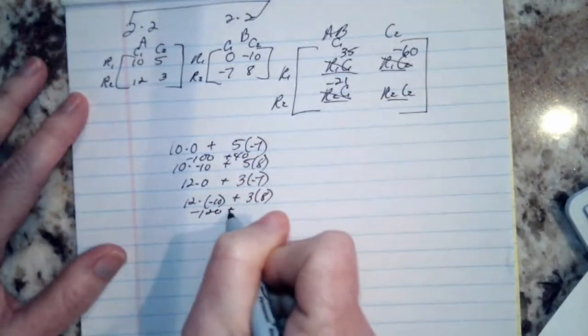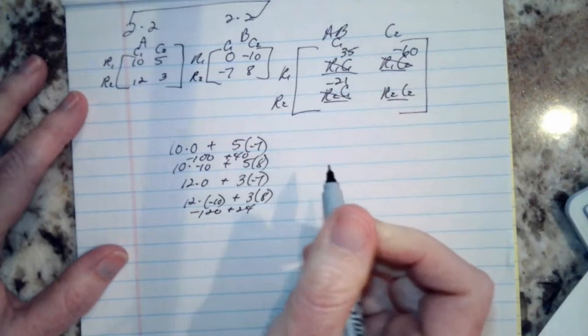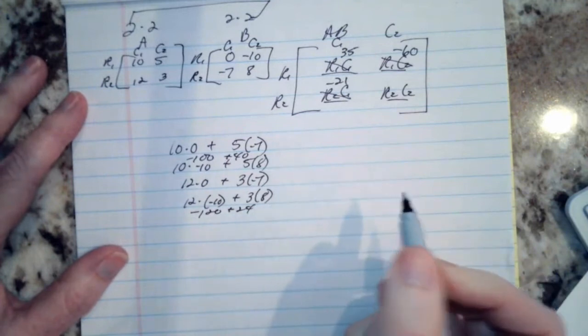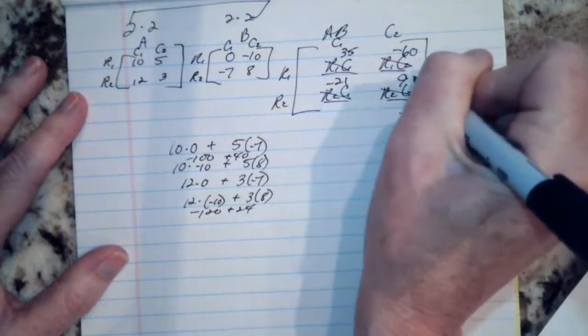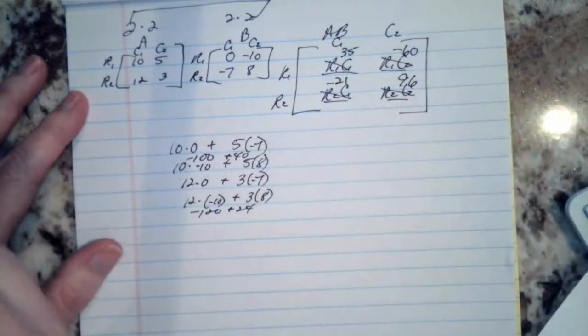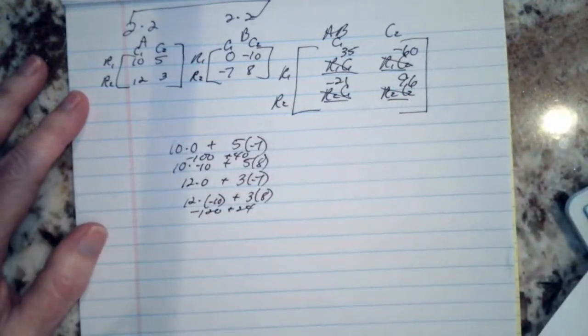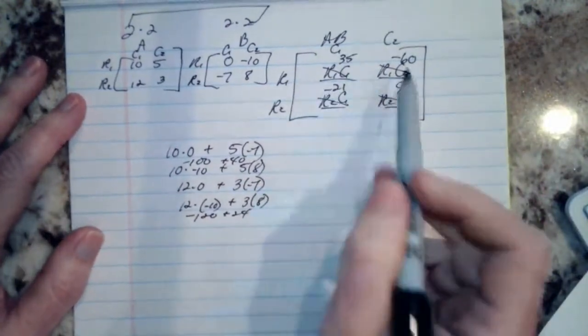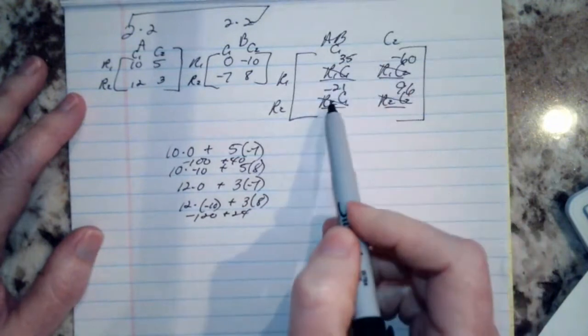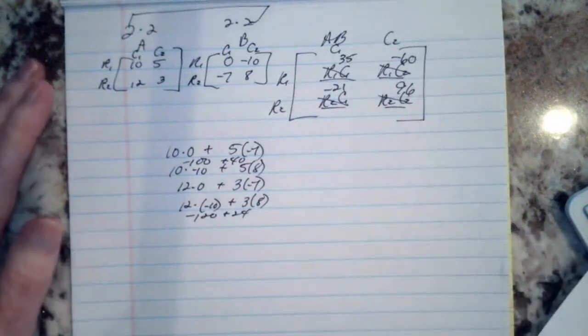So I'm getting -120 plus 24, about -96, I think. And I didn't write that down, so if that's wrong, let me know. So this is the answer, -35, -60, -21, -96.